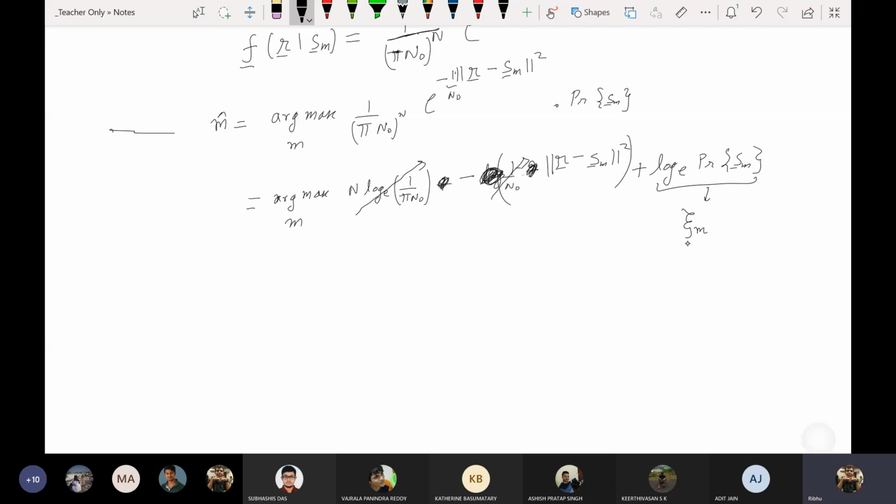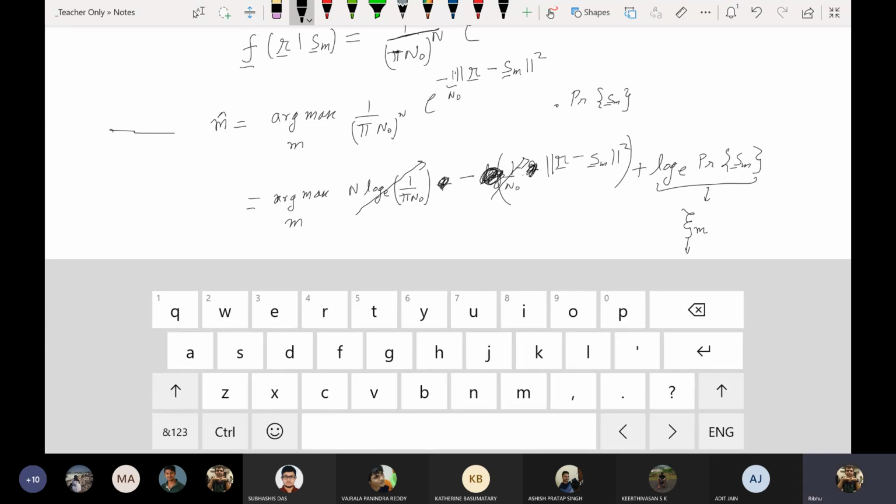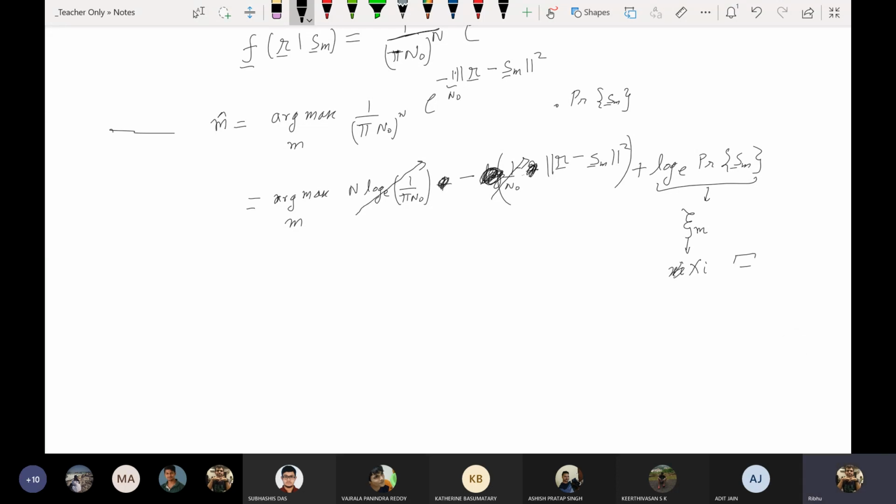This is called xi, and the capital xi looks like this.